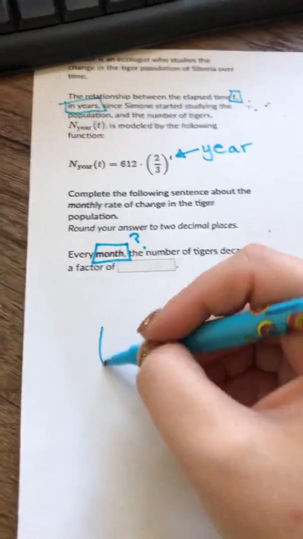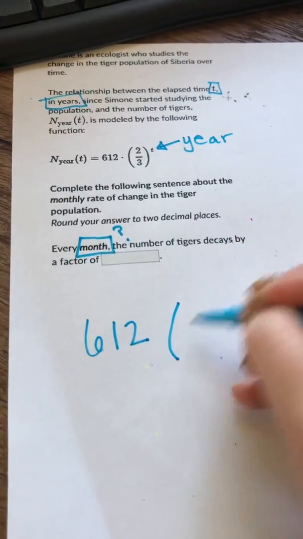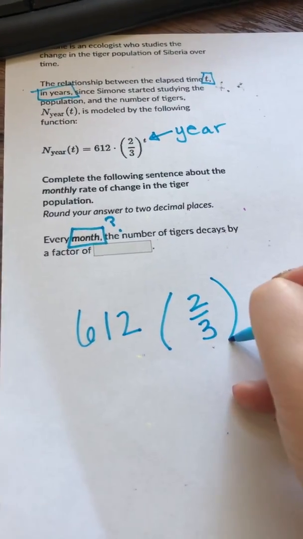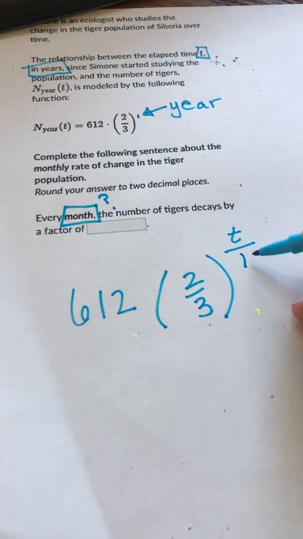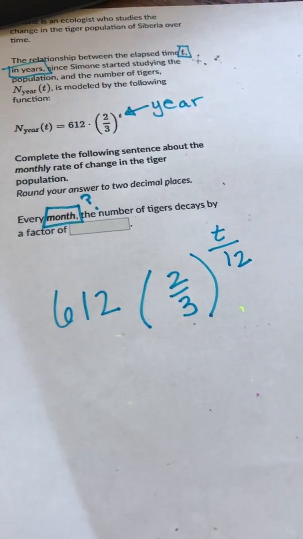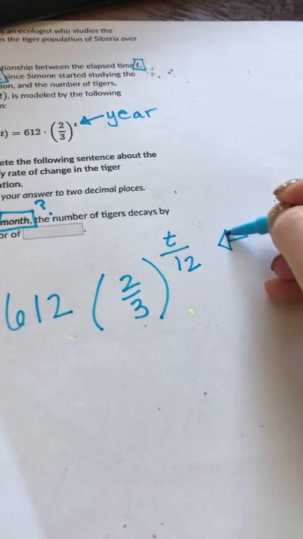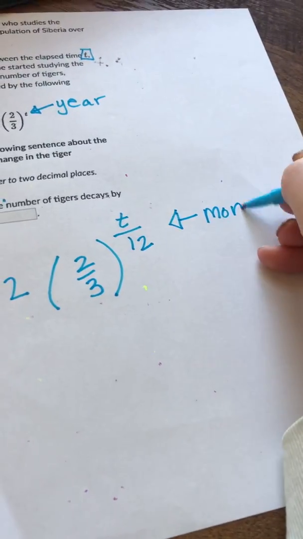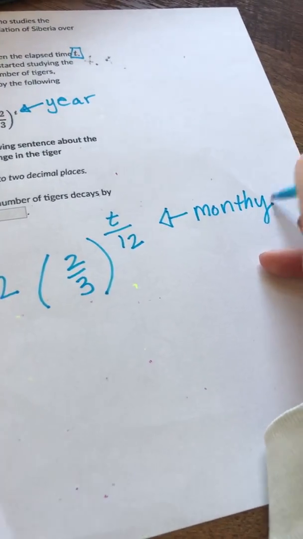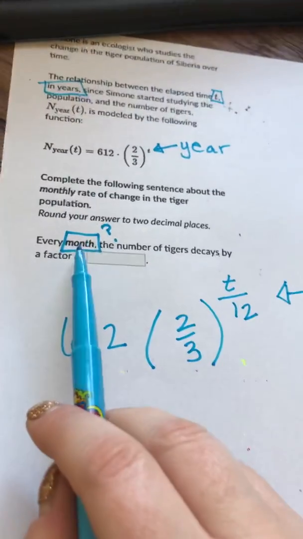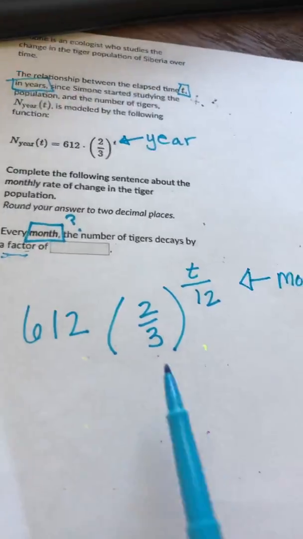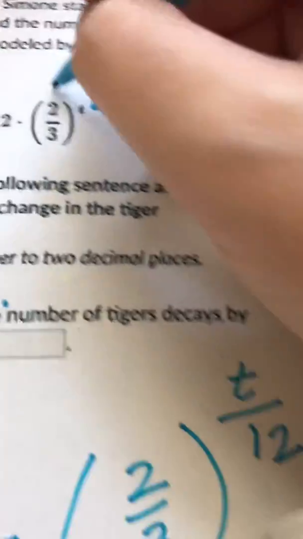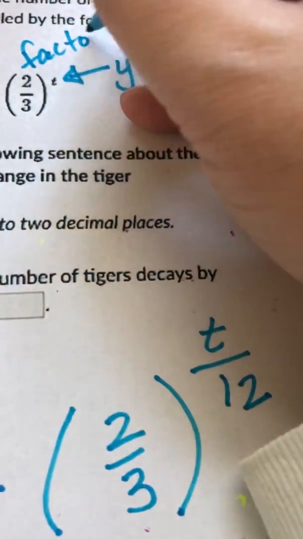So I'm going to keep this 612. I'm going to keep this 2/3. But I'm going to change that t to t divided by 12. And now this represents monthly. But we have to figure out the factor. So the factor is not 2/3, because 2/3 is the factor for yearly.